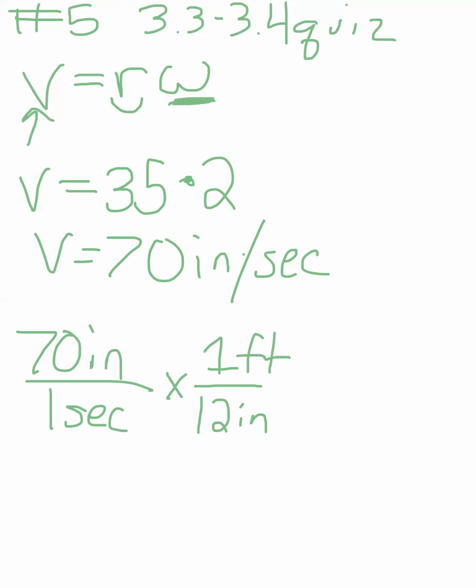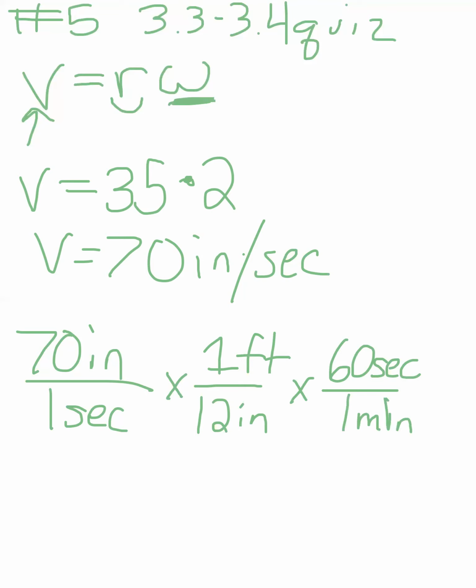Remember that whatever unit I want to cancel, I need to put in the opposite position. See how I had inches on top, now I want inches on the bottom, so that they'll cancel with each other. If I were to stop now, I'd have feet per second. So I'm almost there. I just need to change those seconds into minutes. There are 60 seconds in 1 minute. Notice I'm putting seconds on top so that it'll cancel with the seconds over here.